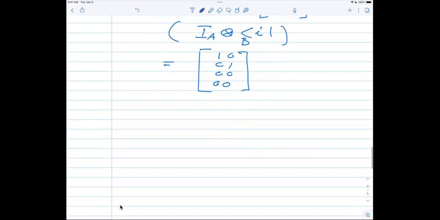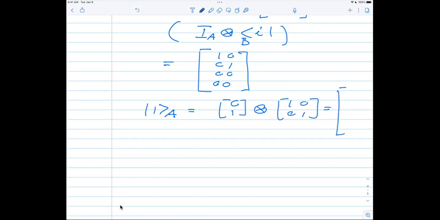And if I do the same thing with this qubit, that's going to be given by 0, 1, and tensor product with the identity matrix, which is 1, 0, 0, 1. And that's going to give us a new 4 by 2 matrix, but now with the following values here. Then I can go back and perform the total projection.